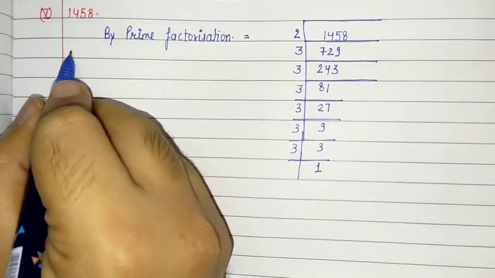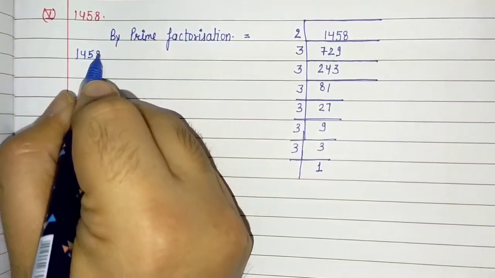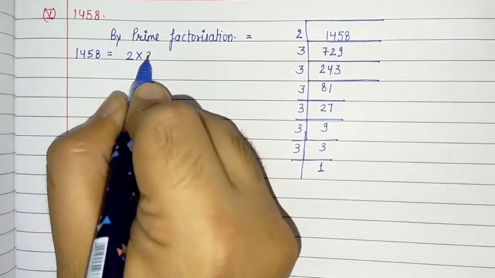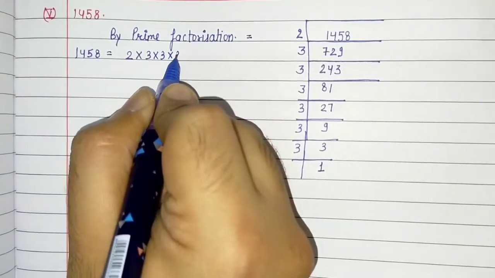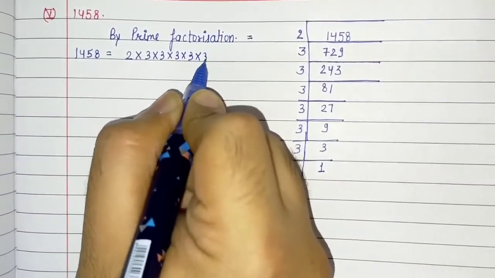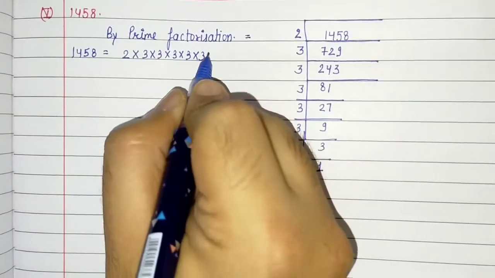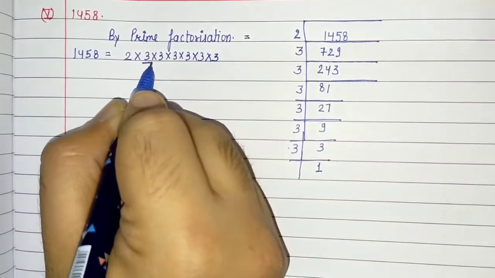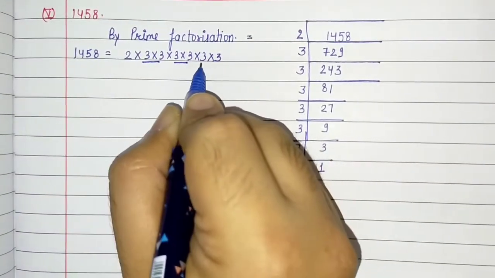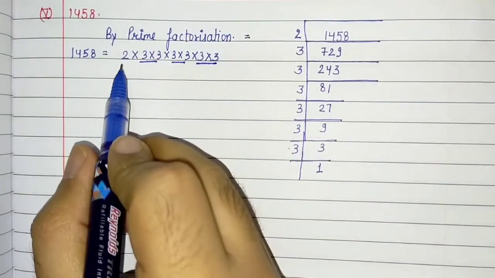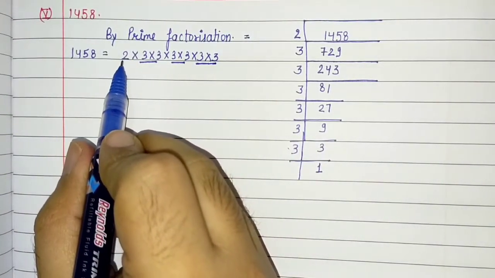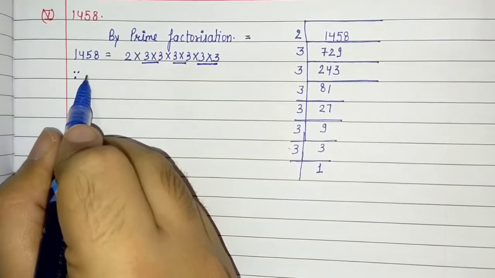So here you can write the prime factors. 2 multiplied by 3 into 3. How many times? 1, 2, 3, 4, 6 times. So 3 has pairs, this 3 also, and this 3 also. Clearly we can see that 2 has no pair.